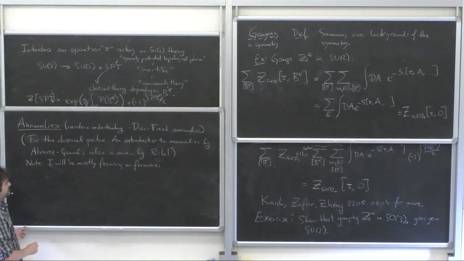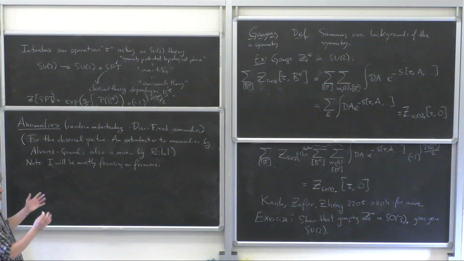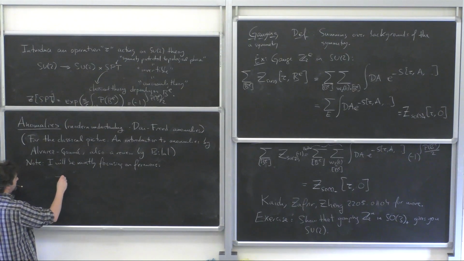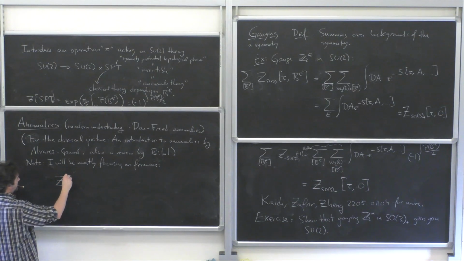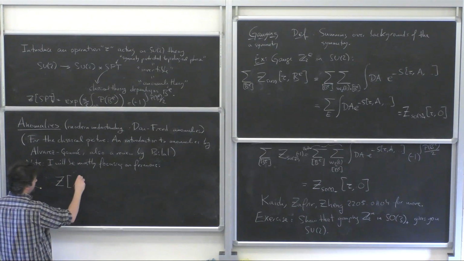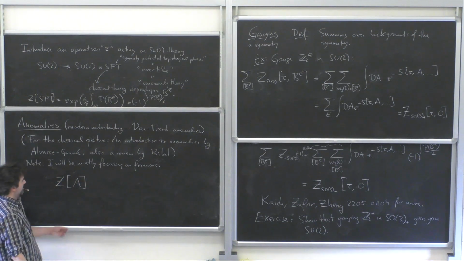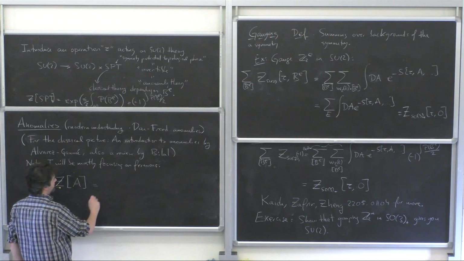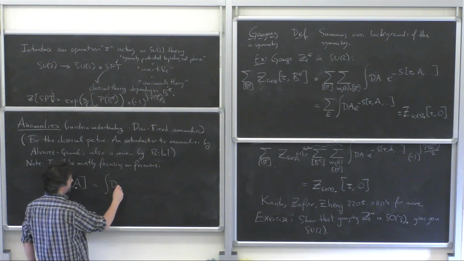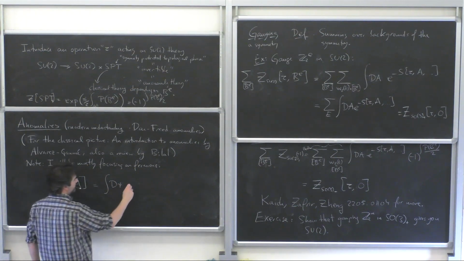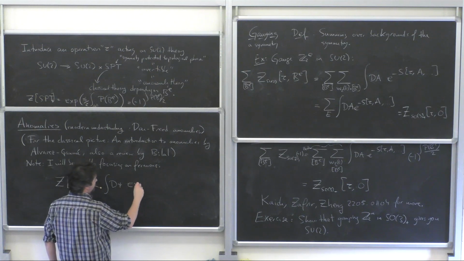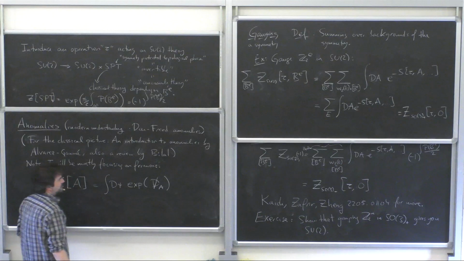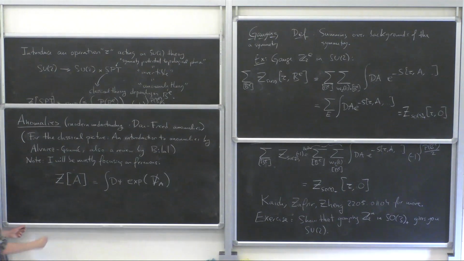But let me think about fermions, because the structure is very pretty and it generalizes to a general story. So what you have for fermions is that you can construct some partial path integral, let me call it like this, that depends on your field A, by taking the integral over the fermion degrees of freedom of the exponential of the Dirac operator coupled to A. So this is the definition.